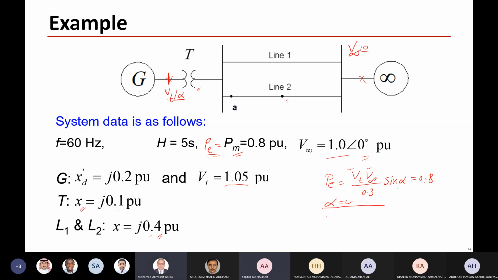How to calculate the current? We have the terminal voltage, we have the voltage at the infinite bus, and we have the equivalent reactance. Okay, go ahead. So subtract the terminal voltage from the infinite bus voltage and divide by the reactance.